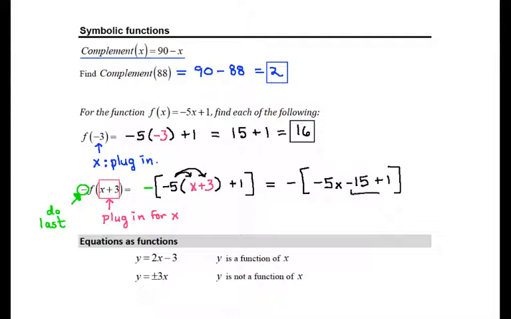Now I can combine the minus 15 and the plus 1. Negative 5x minus 14. And finally, I'll go ahead and distribute that minus sign into the brackets, which will change the signs of both terms, giving me 5x plus 14.